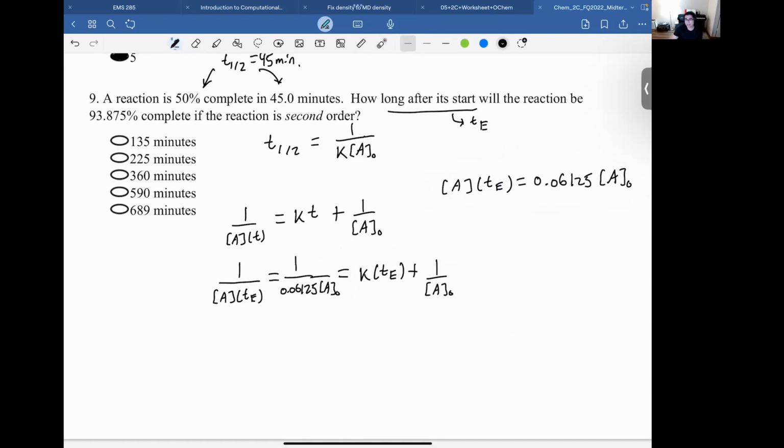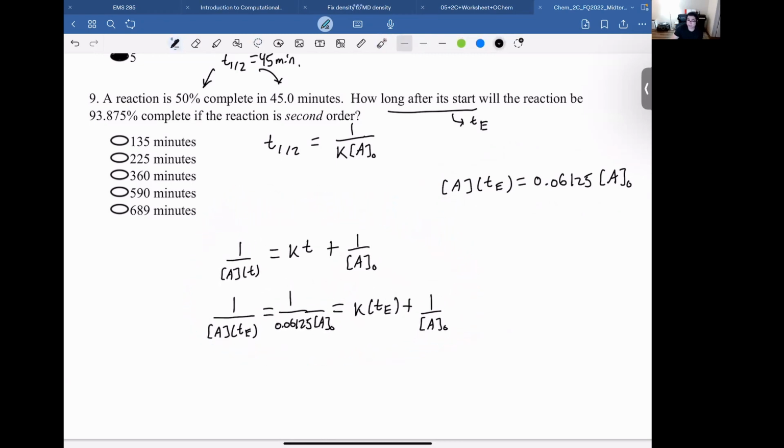Now the problem is that I don't have TE, right? That's what I want. I want TE. And I don't have K, right? What you can do here is solve for K in the half-life. They do tell us the half-life is 45 minutes. And we can solve for K. Why would I do that?